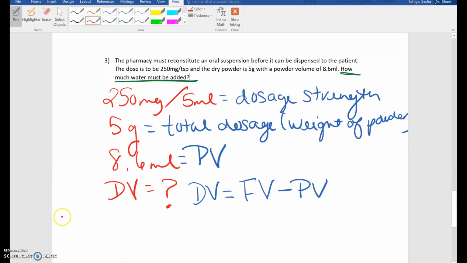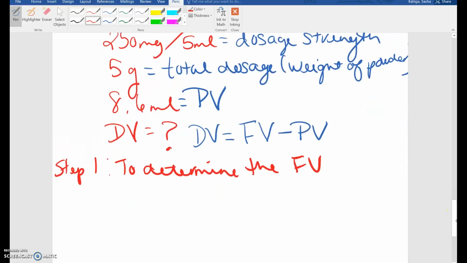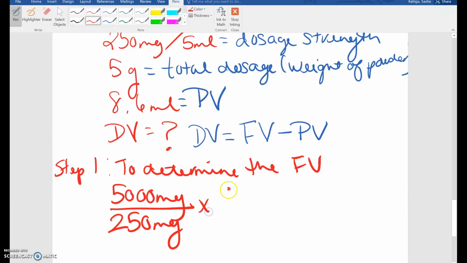So the first step, step 1, is to determine or calculate the final volume. In order to calculate that, I'm going to take the total dosage in milligrams, which is 5,000 milligrams, over the dosage strength in milligrams, which is 250 milligrams, and multiply it by the dosage strength volume of 5 milliliters, which gives me what? 100 milliliters.